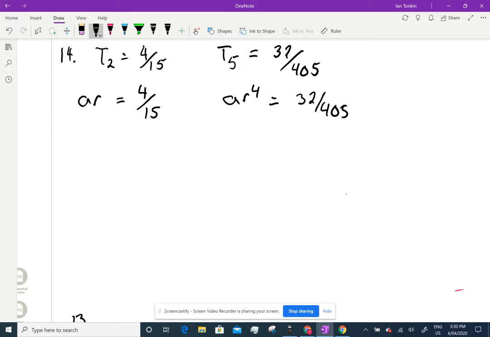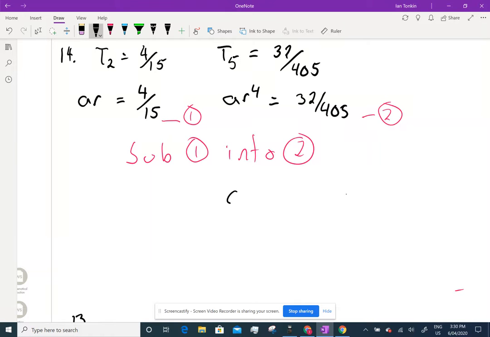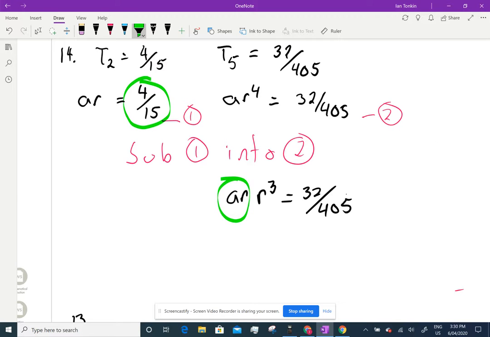Well, again, I'm going to call this equation 1 and I'm going to call this equation 2. And I'm just going to sub 1 into 2. Now, I'm just going to rewrite 2 a little bit. It's AR cubed equals 32 on 405. So now I can just put this in for that.